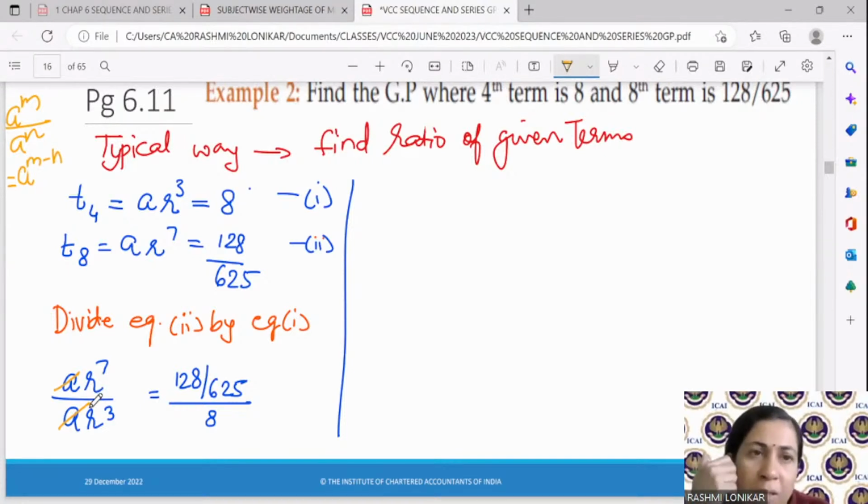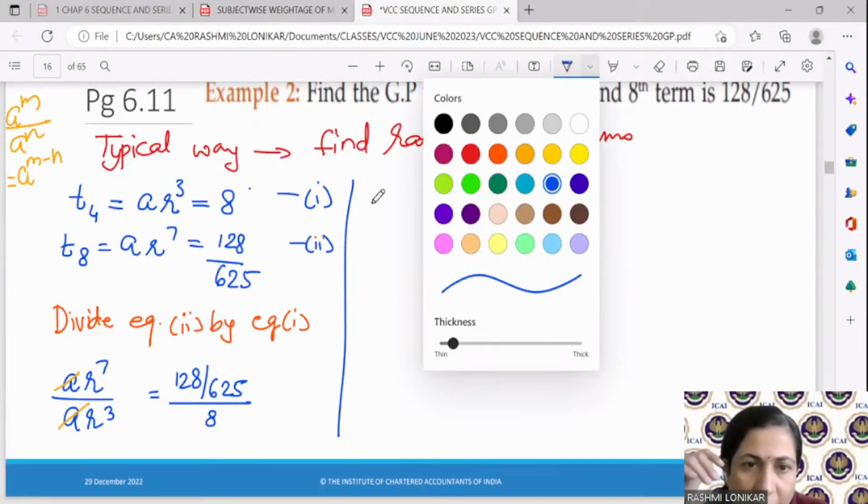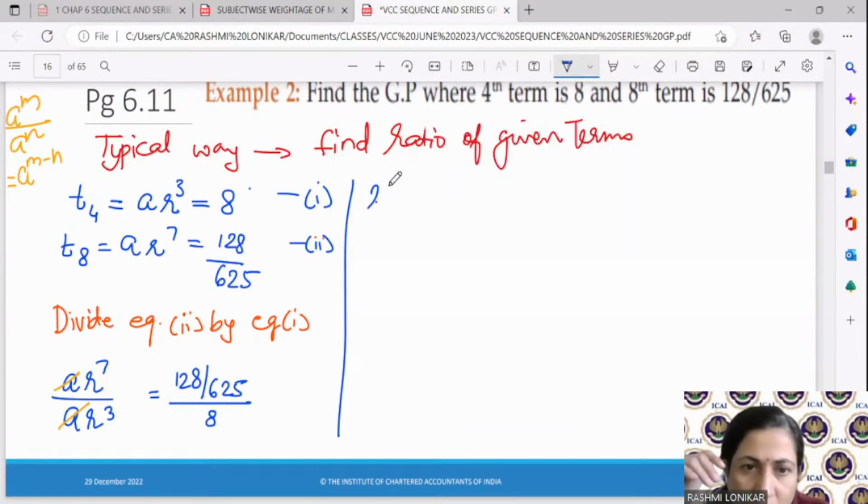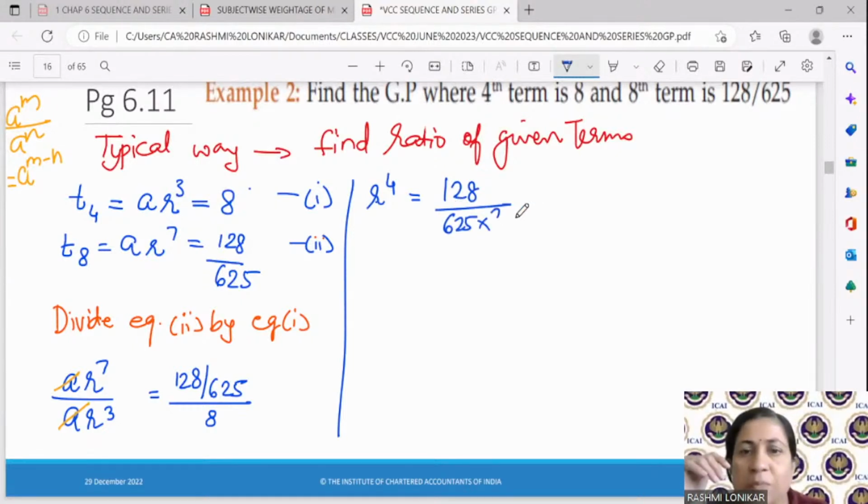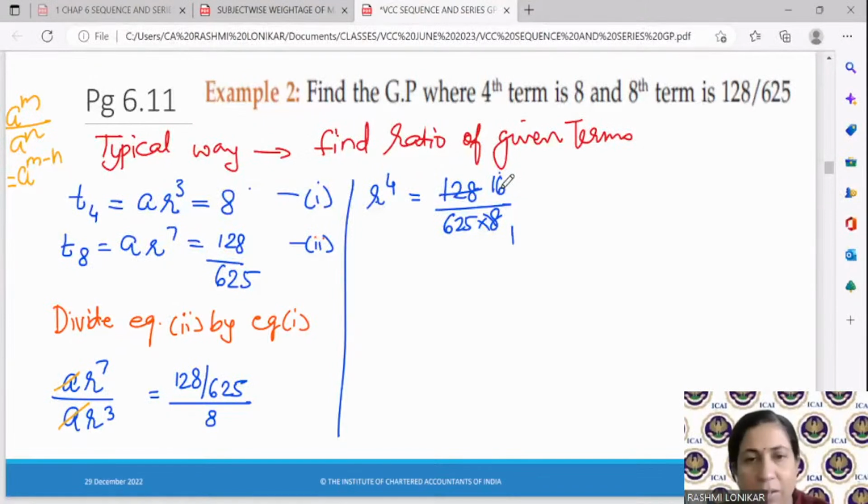So how much will this be? R raised to 7 minus 3, so it will be R raised to 4. Okay. So I have R raised to 4 is equal to 128 upon 625 into 8. Now, 8 ones are 8, 16 eights are 128. Okay, so this is equal to 16 upon 625.